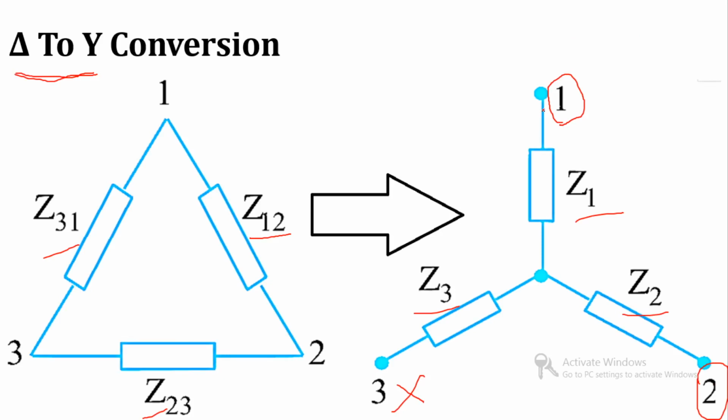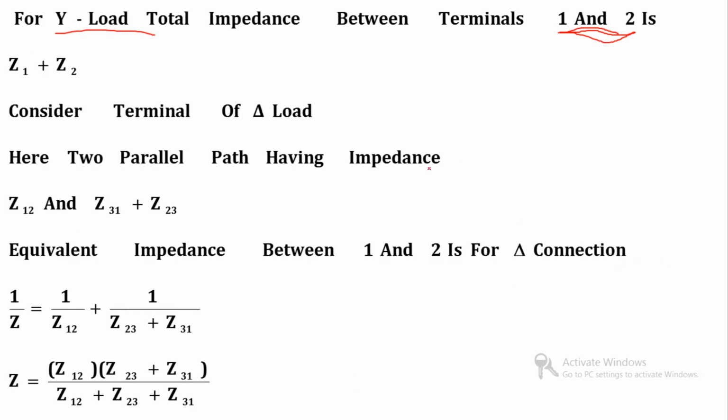These terminal 1 and terminal 2 are connected in series, so Z1 and Z2 are two impedances connected in series. Its equivalent impedance is equal to Z1 plus Z2.